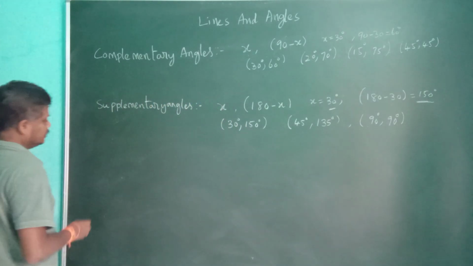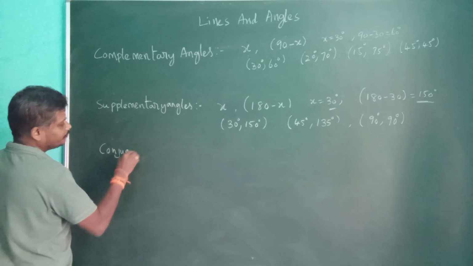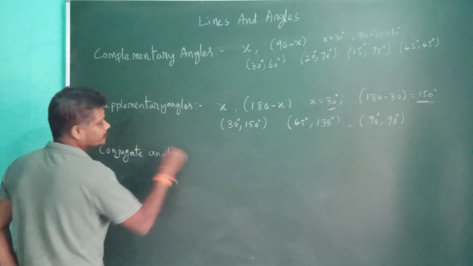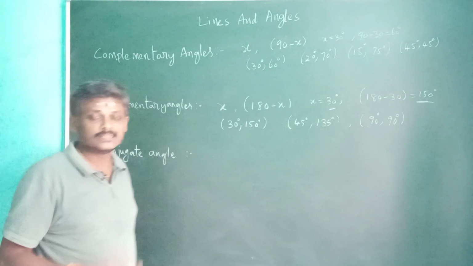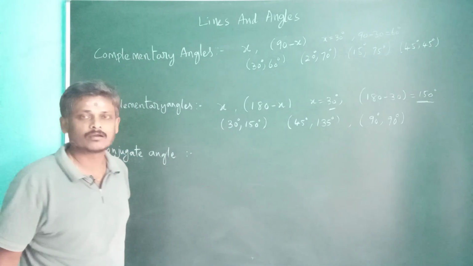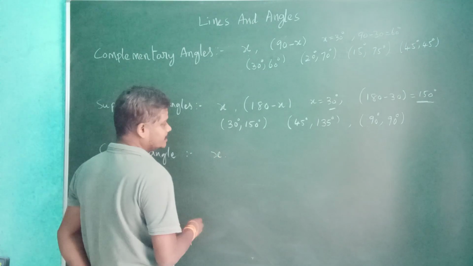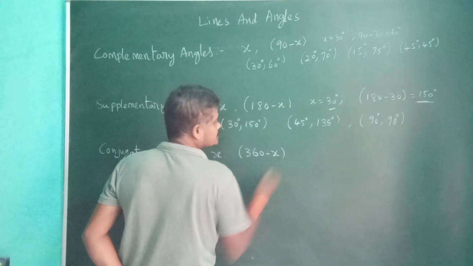Third kind of angles are conjugate angles. A pair of angles whose sum is equal to 360 degree are called conjugate angles. If x is one angle, its conjugate angle is given by 360 minus x.